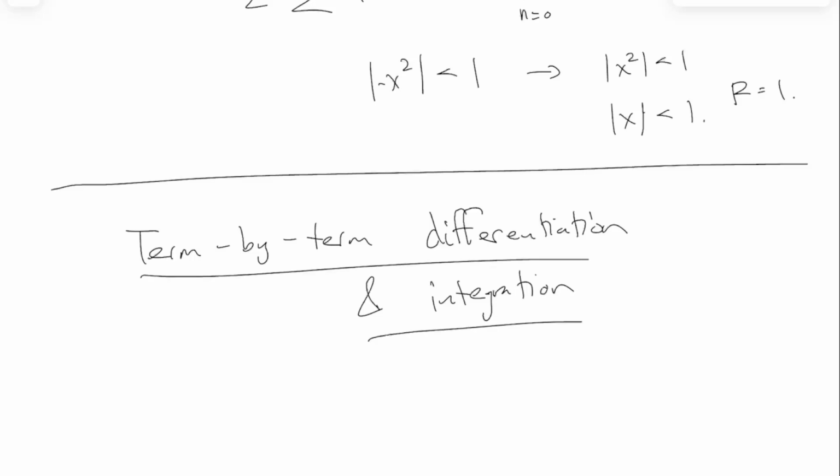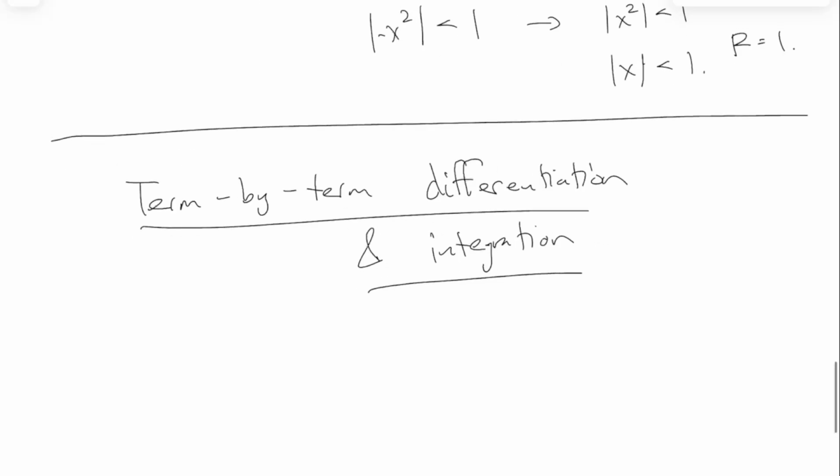Term by term differentiation. The simple tricks so far have just been like plug in 2x instead of x, right? You can do that for anything, but to get a little fancier, you can think of these things as functions which are differentiable as if they were polynomials, and you are allowed to take the derivative of both things.